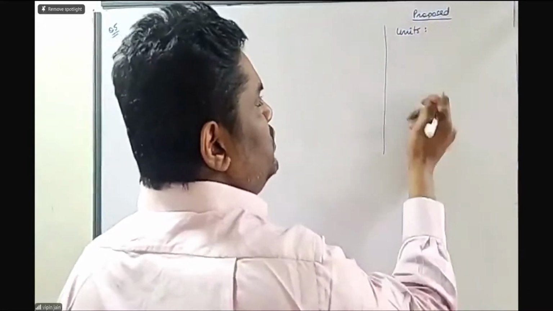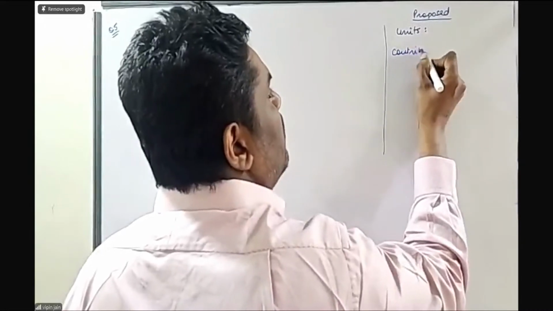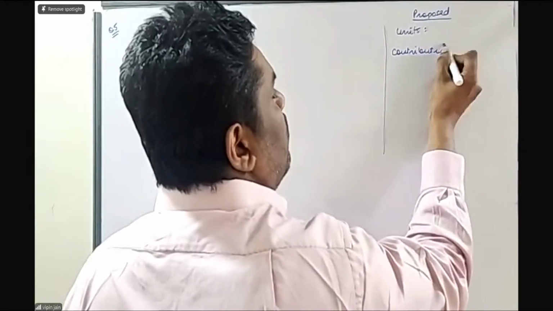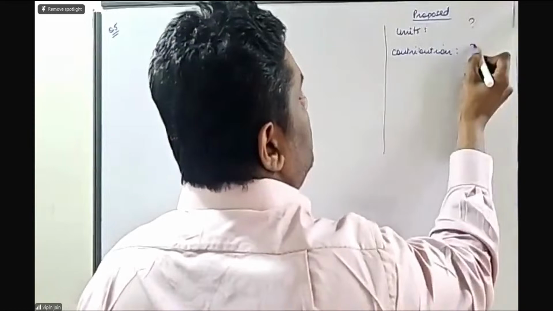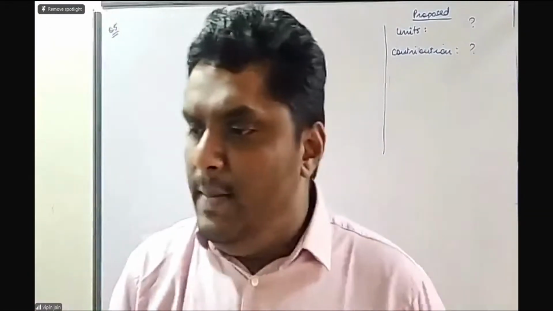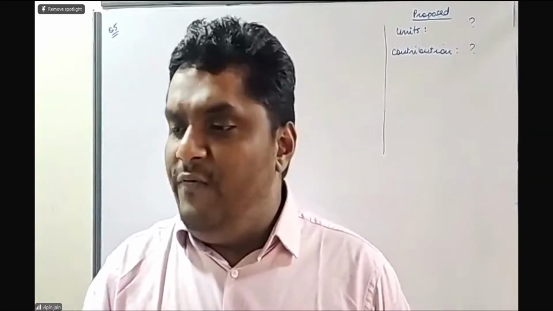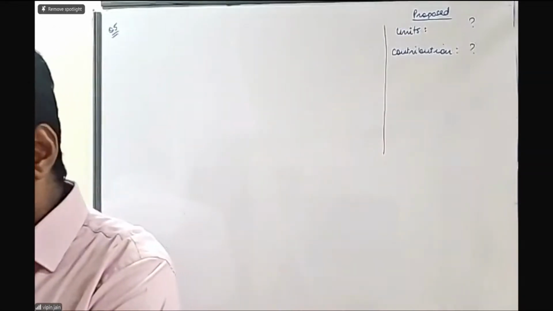What will be the proposed units and what will be the proposed contribution? So these are the two questions for you for question number 5 from my material. I have already given enough hints. So do post your answers.